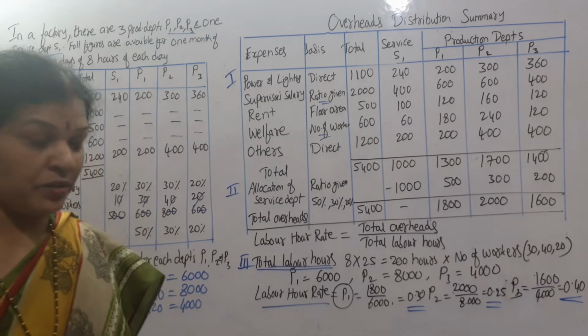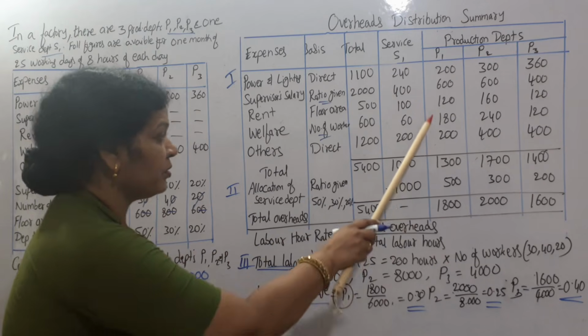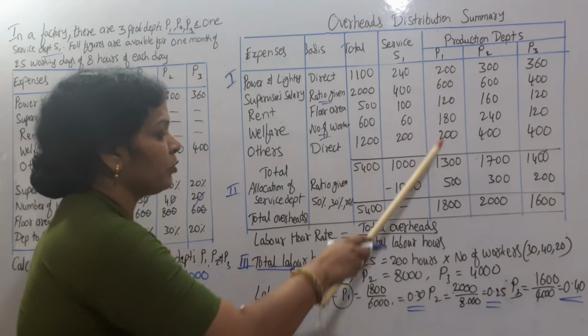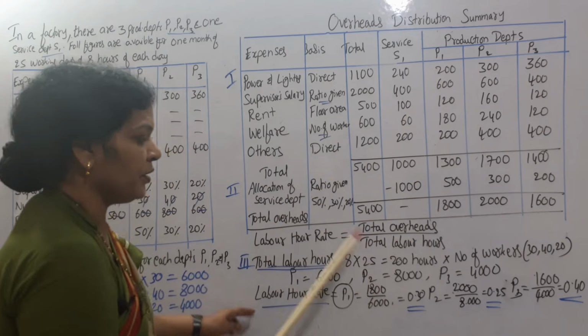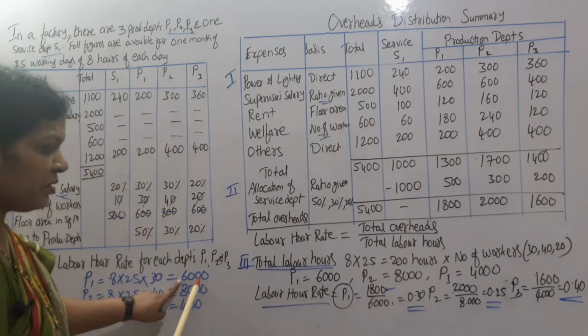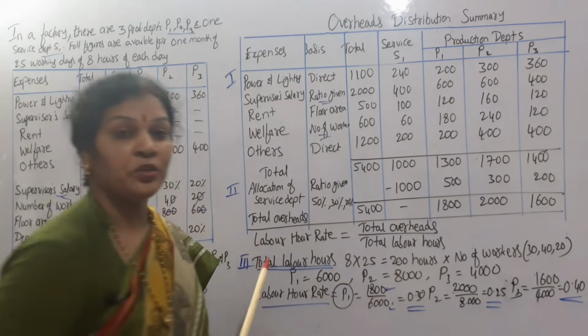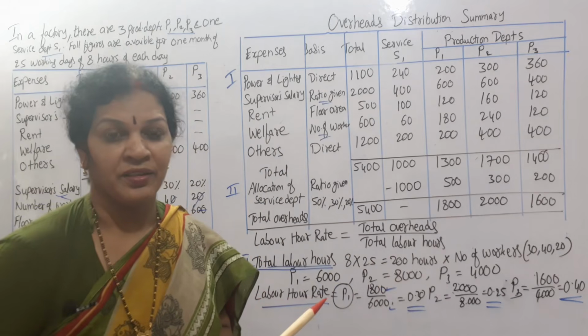Labor hour rate. To get labor hour rate, we need this formula. For P1, total overheads are 1800 and total labor hours are 6000. So you got 0.30, 30 paisa.